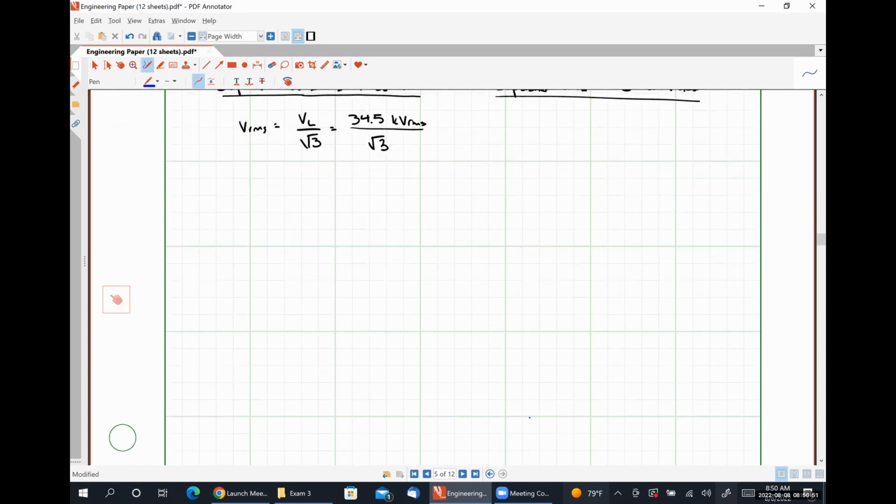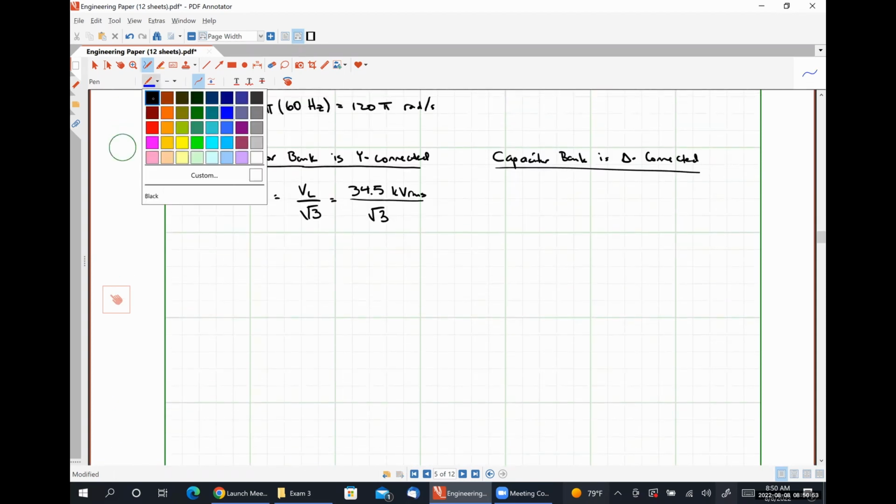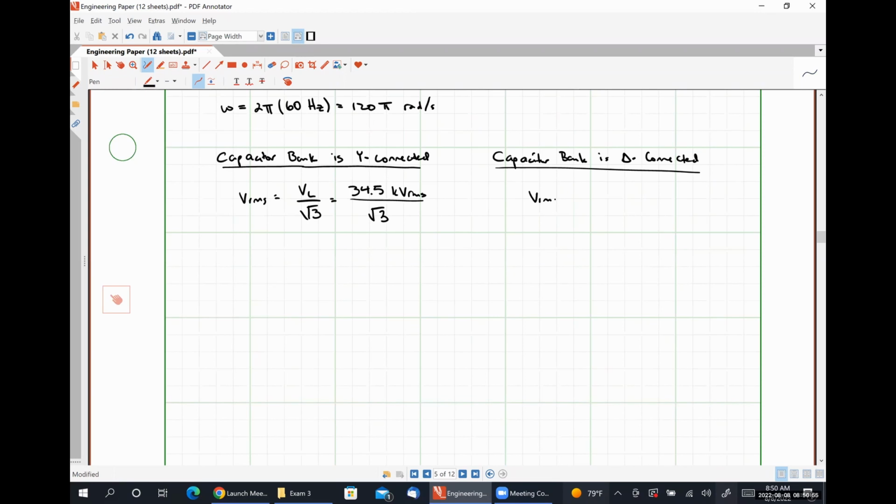So VRMS is simply VL, or 34.5 kilovolts RMS.